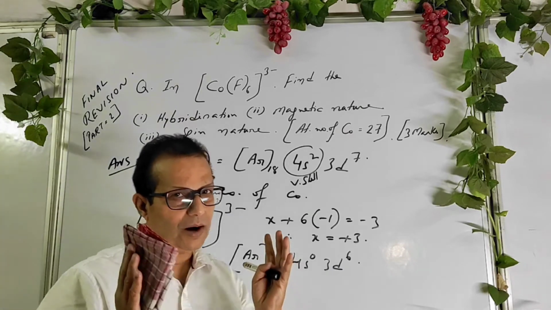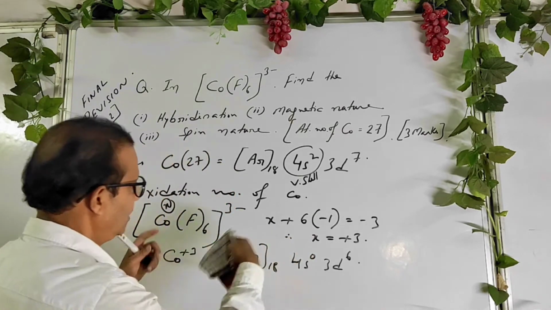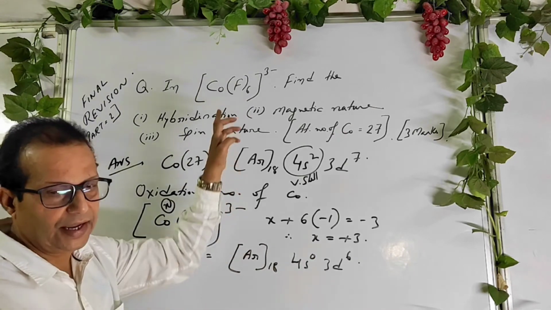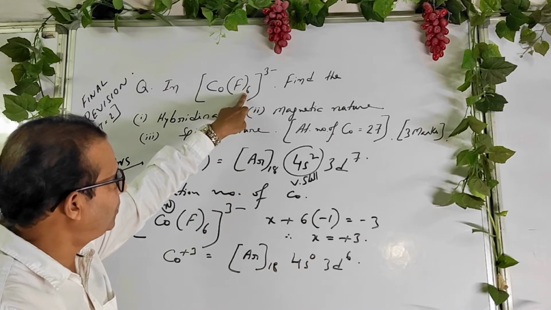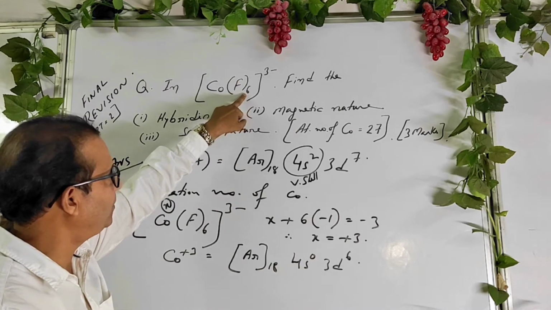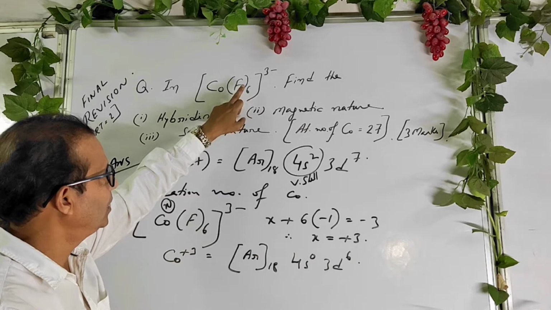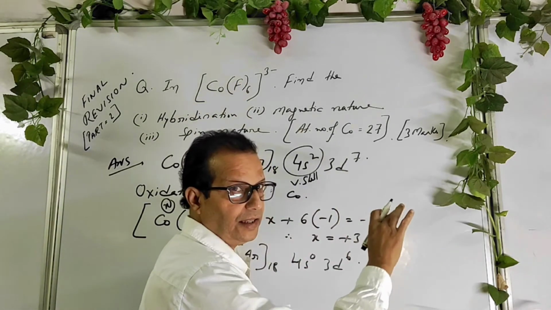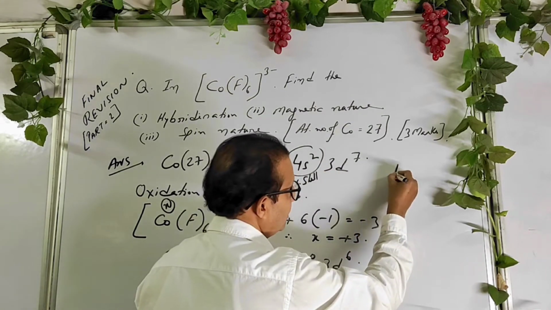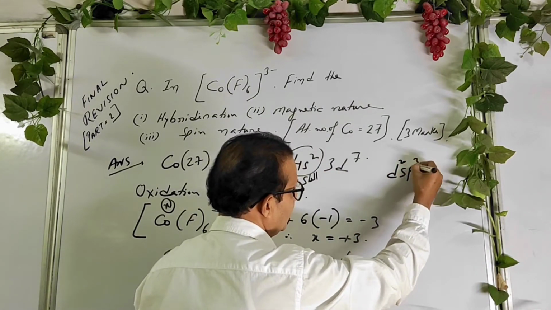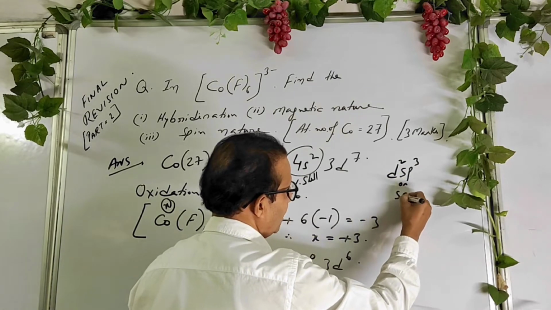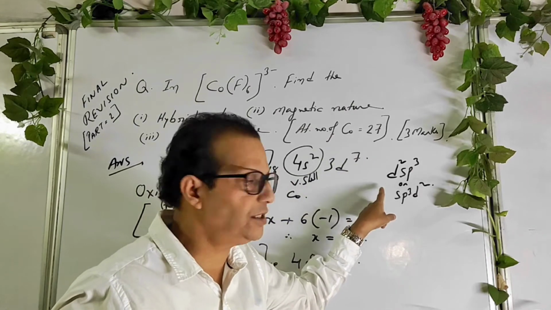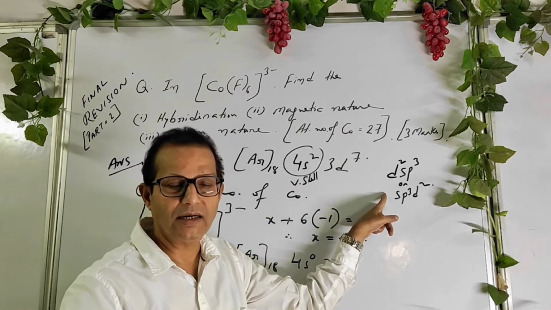Now write it, one technique is there. What is the technique? Listen to the technique. If the coordination number of the central metal is 6, then remember it, this is a technique, don't write it in the answer, this is a technique for you, it is either d2sp3 hybridization or sp3d2. So the question is which hybridization occurs here. That's the main thing.